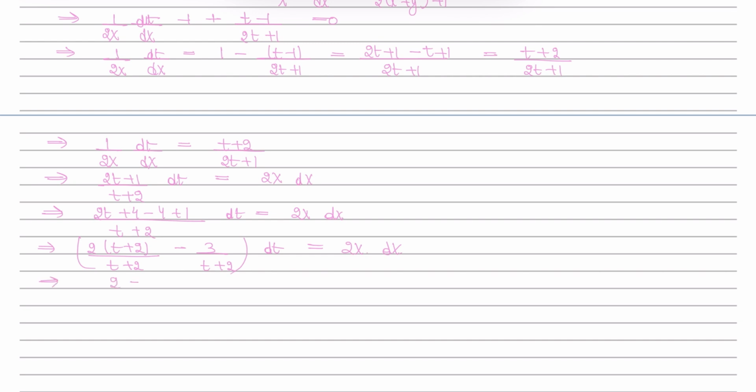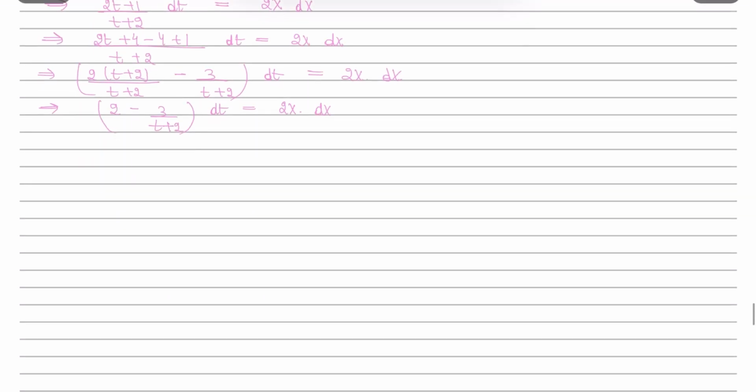This becomes 2 minus 3 upon t plus 2 dt is equals to 2x into dx.